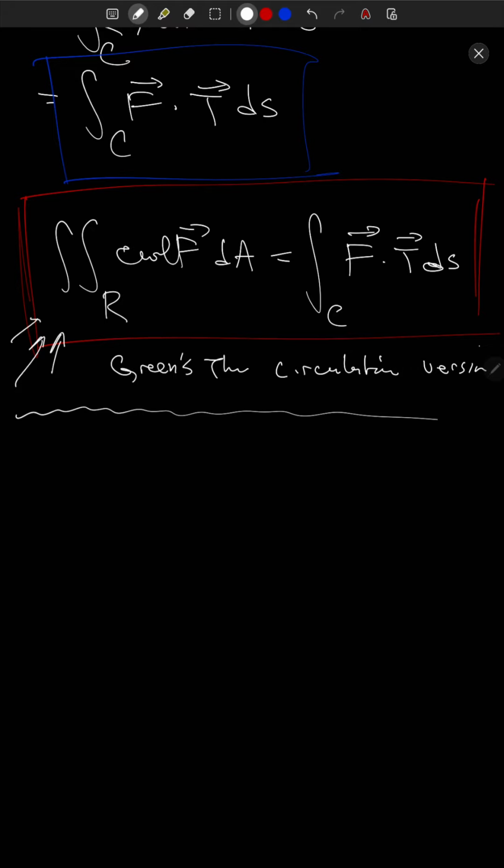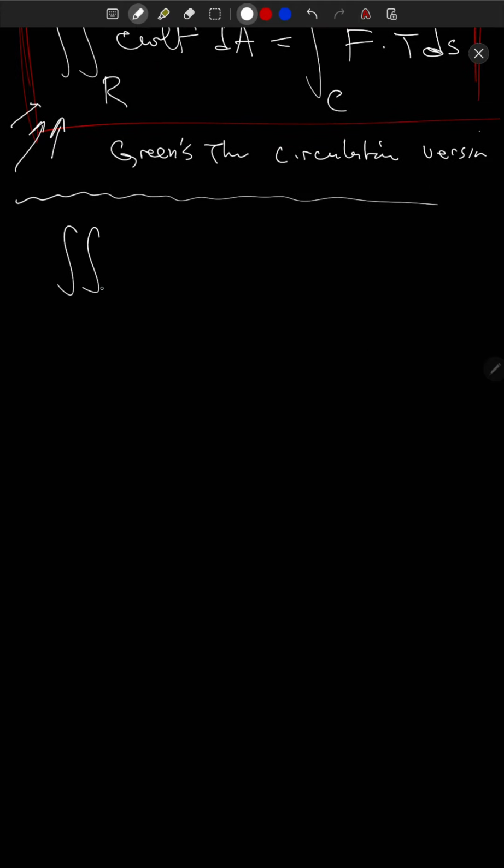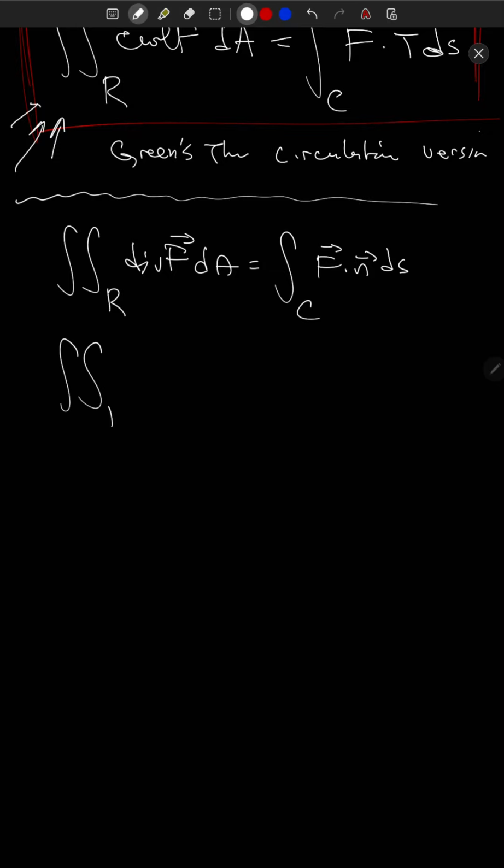So that's just a small note for when you talk about it in a future class. Okay, so let's write them both down and then let's explore what they mean. So the flux version. And the circulation version.